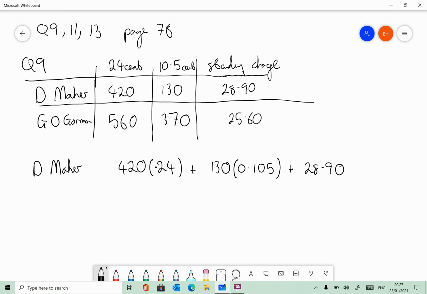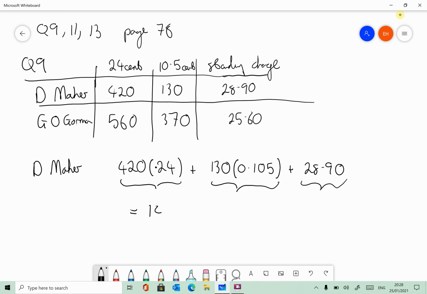And that's the standing charge. So this is the amount of money he'll have to pay for his daytime usage. This is the amount for his evening usage. And this is the amount he will have to pay just because he's connected to the network. So if I put that into my calculator, I go 420 times 0.24 plus 130 times 0.105 plus 28.90 equals 143.35.